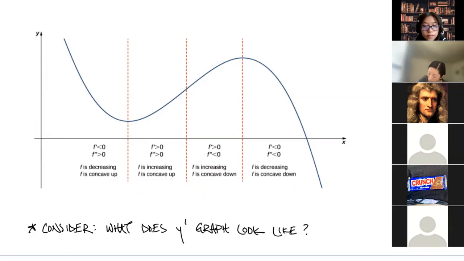Meaning, what does it mean when a function is decreasing? What does that look like on the graph of the derivative? What does it look like on the graph of a derivative for something to be concave up? Okay, what does it look like to be something concave down? But I think if you can put together a new picture of what it looks like for the y prime, I think that's a really great way to synthesize all of the information we just talked about.